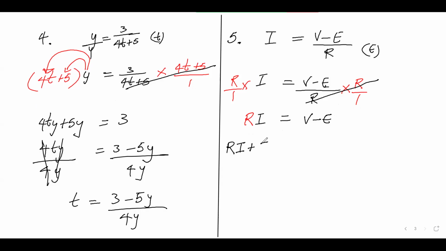RI plus E equals V. All right. So E is equal to V minus RI. Now, this is very important in terms of using your signs. So the E, I brought it to the other side, it's positive, and you carry, so that's the answer.